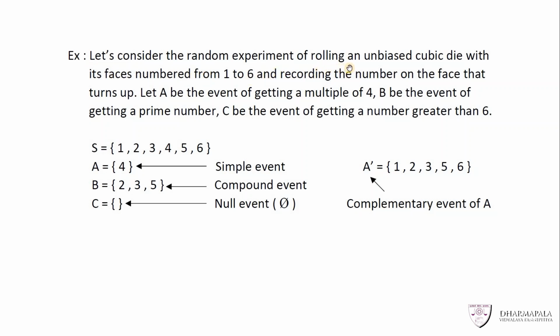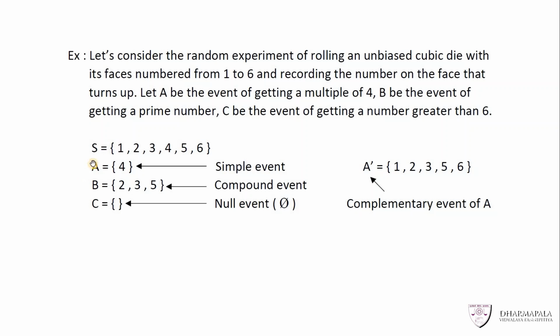Let's consider the random experiment of rolling an unbiased cubic die with its faces numbered from 1 to 6 and recording the number on the face that turns up. Let capital A be the event of getting a multiple of 4, capital B be the event of getting a prime number, and capital C be the event of getting a number greater than 6. So you can see the sample space is the set we wrote here, the numbers from 1 to 6.